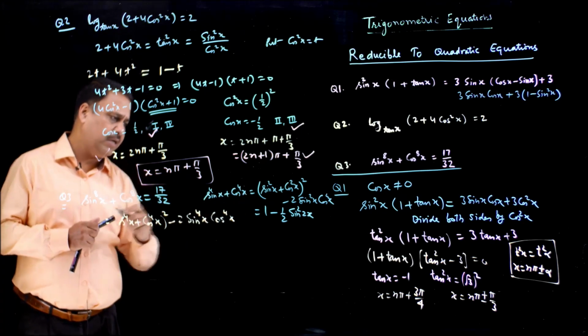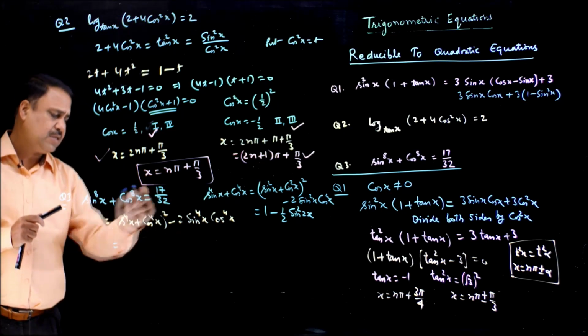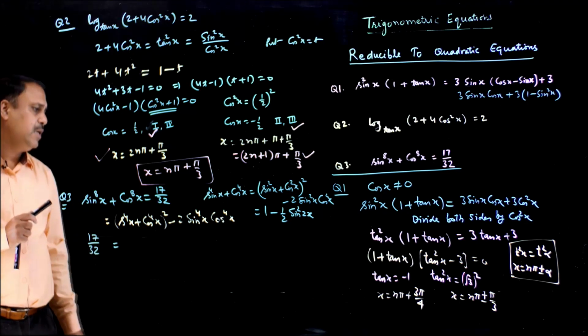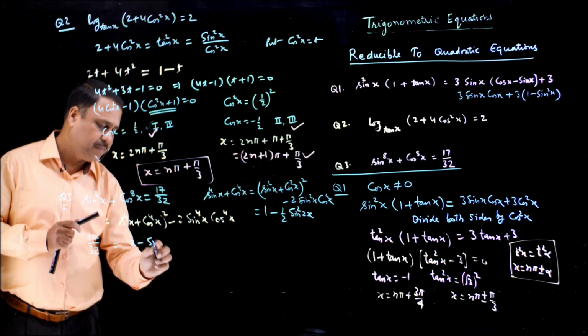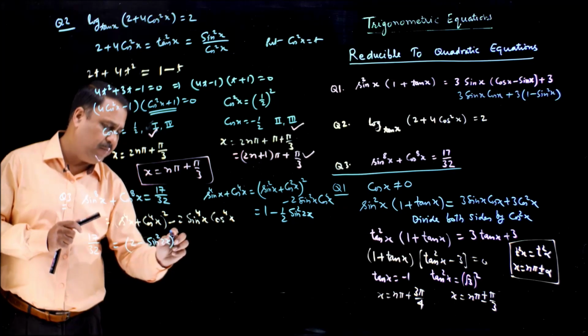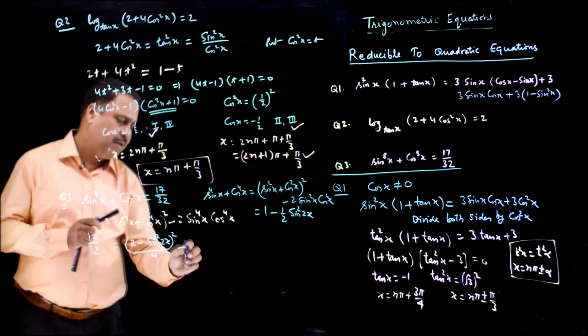This quantity I have already calculated. This is 17 upon 32. So 17 upon 32 is equal to 2 minus sine square 2x whole square.